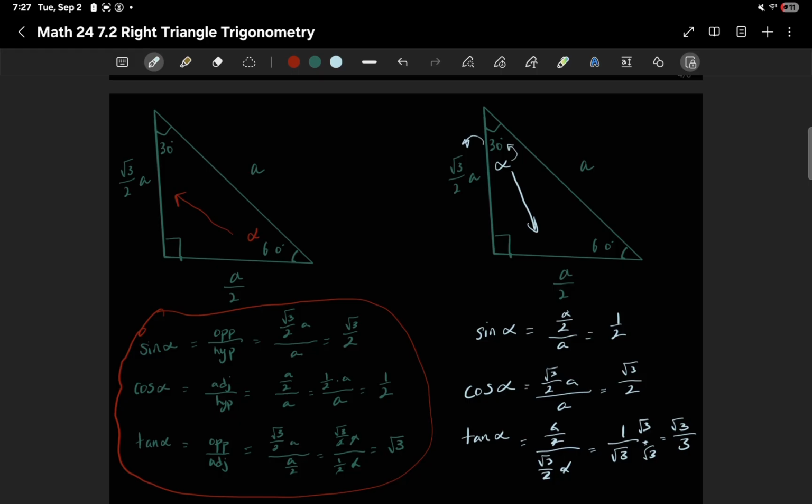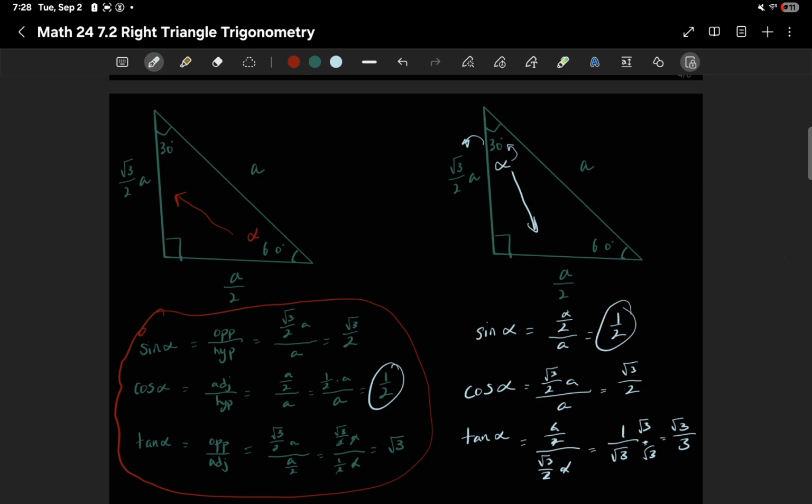So one thing you might notice is that all I really did was change where alpha was, and you see that sine of alpha was square root of 3 over 2, but now cosine of alpha is square root of 3 over 2. Likewise, cosine of alpha was 1/2 when I chose the 60 degree to be alpha, but when I chose the 30 degree to be alpha, sine of alpha was 1/2.